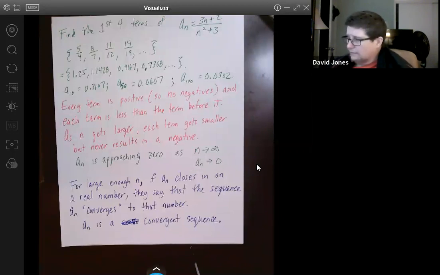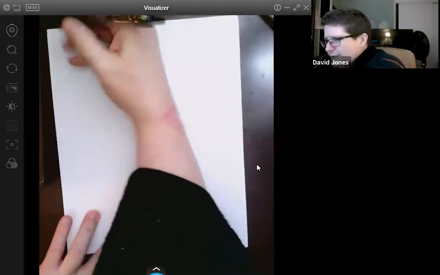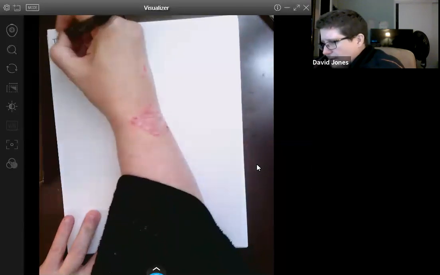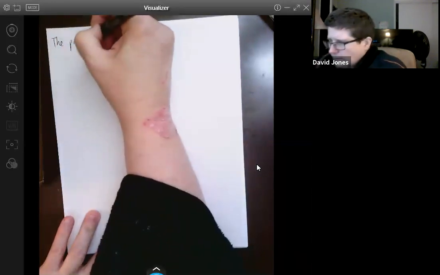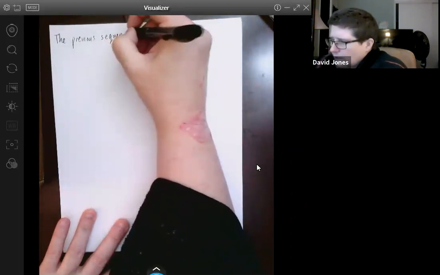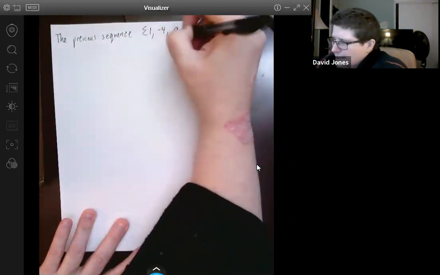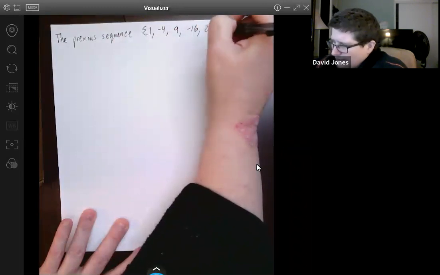And the sequence before that, what did we have? We had a sequence that alternated but got bigger. That's a convergent sequence when it approaches some real number. The previous sequence we did, though, recall we had 1, -4, 9, -16, 25.